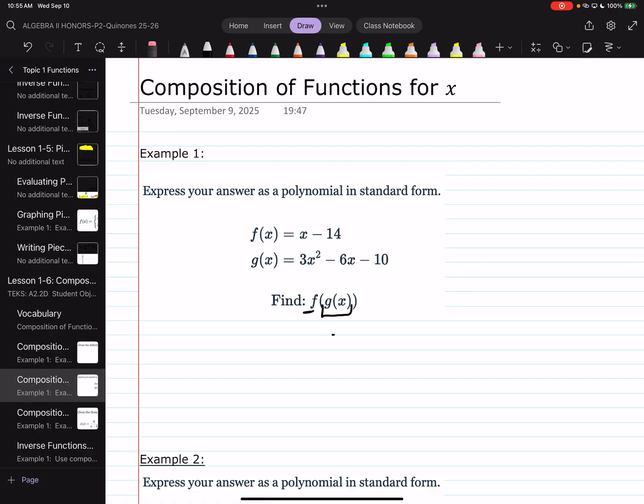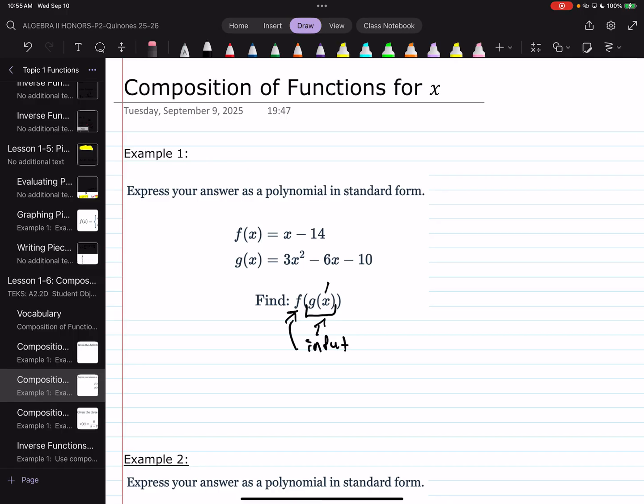Right? So remember, this is my input into this equation, whatever this is, right? In this case, we're told to put g of x, so all of this, into the inputs of this function.